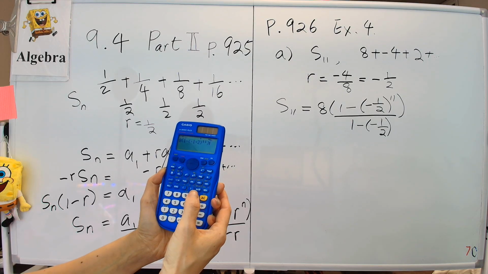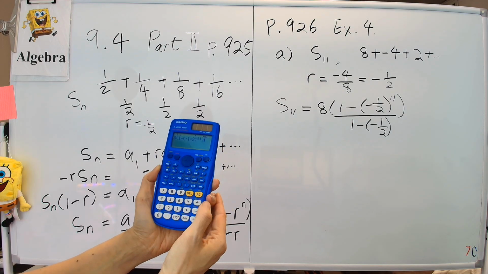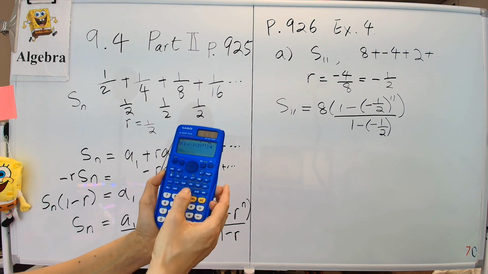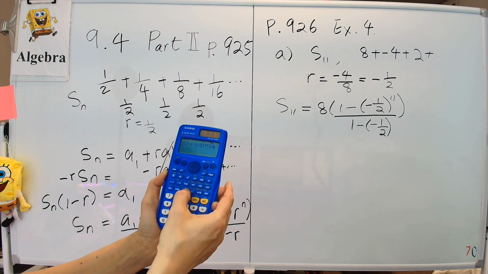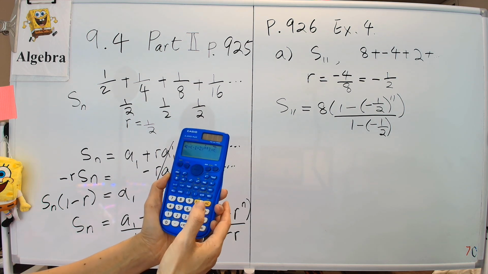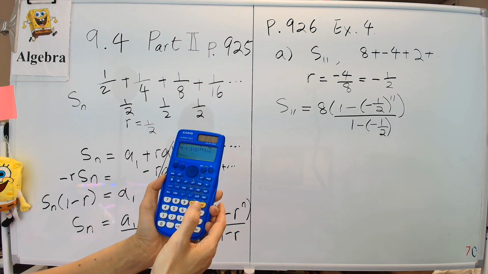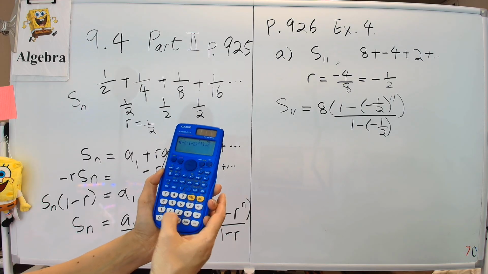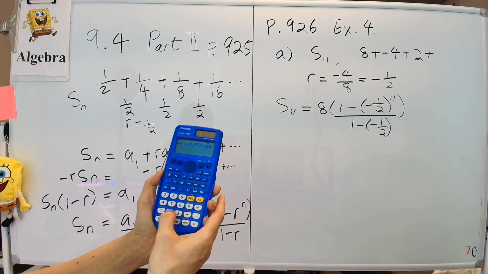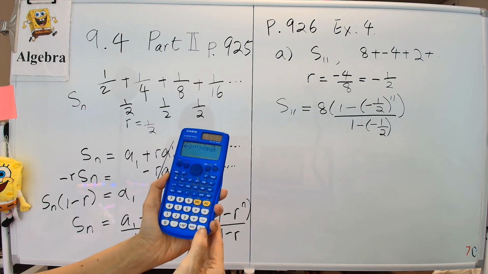That should be the end of the parentheses on top. Divided by, parentheses again, 1 minus negative 1/2, that's 1 plus a half, that's 3/2. So divide by 3/2, close parentheses.